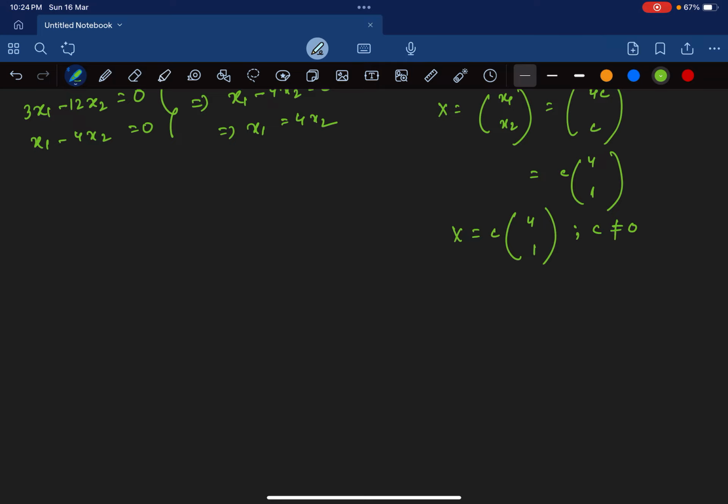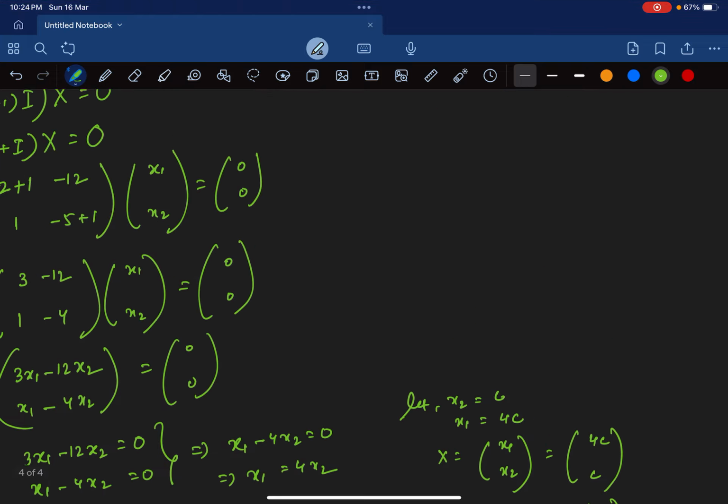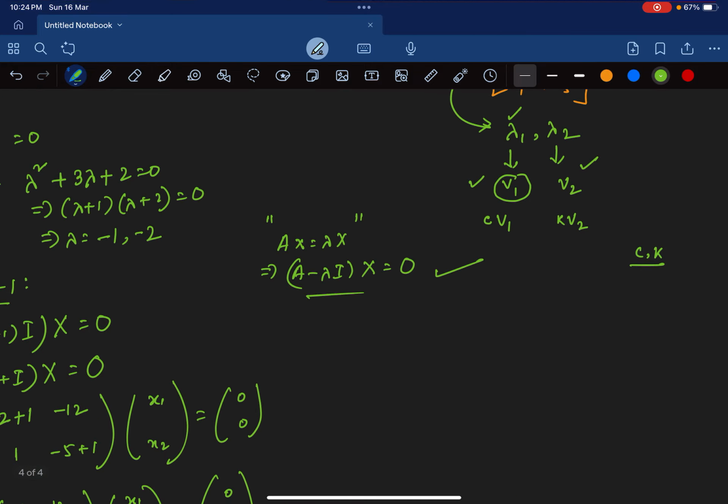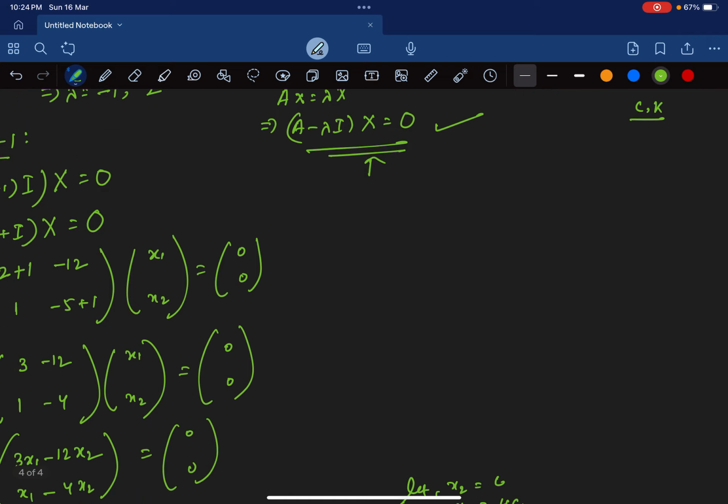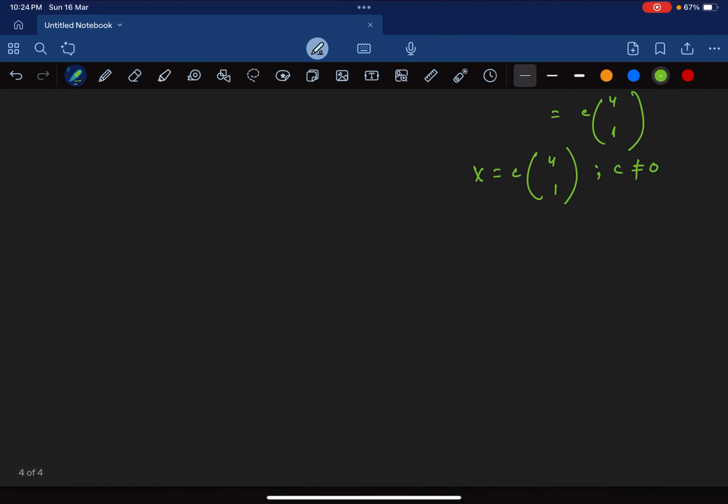Obviously c cannot be 0. If c is 0, then x = [0; 0], which you cannot accept, because by definition x is non-zero. If x is 0, this is the trivial case, and we are not interested in the trivial case.